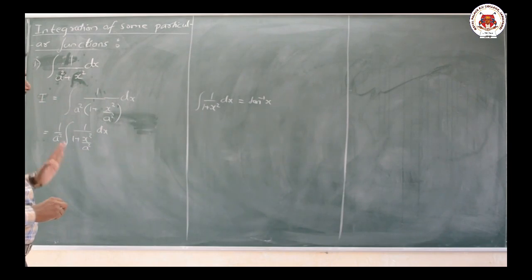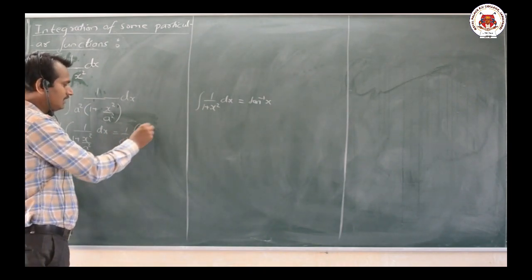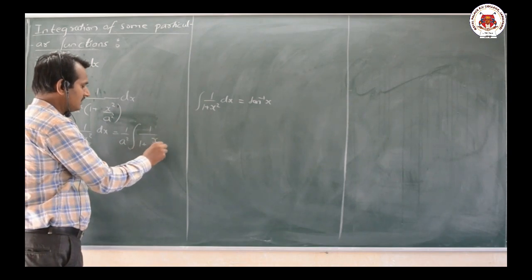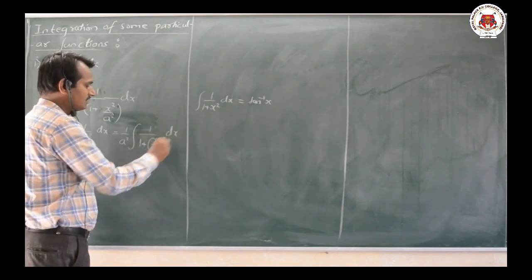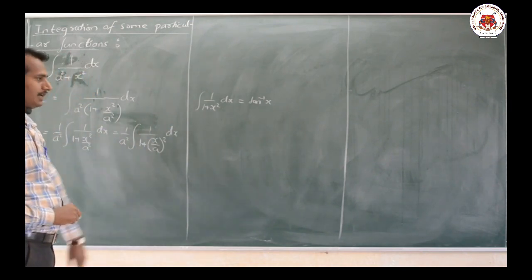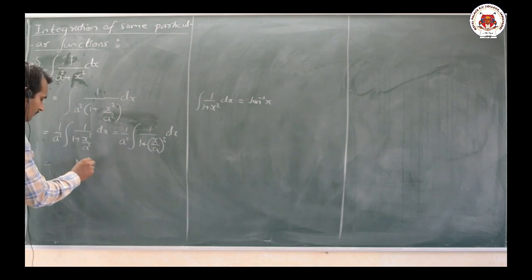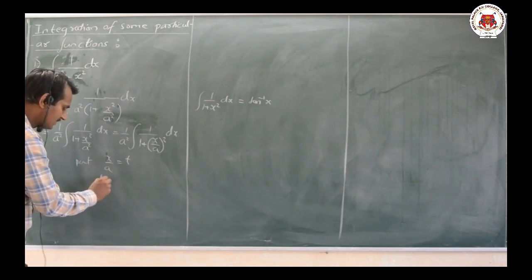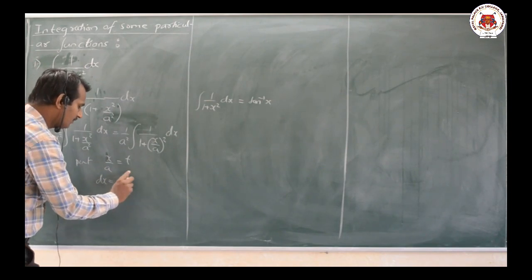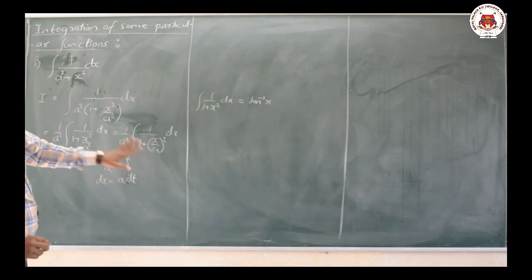Now I will do the substitution method, which is equal to 1 by a square integration of 1 divided by 1 plus x by a whole square into dx. Here I take x by a equal to t. That implies dx equals a into dt. These values together we will substitute here.